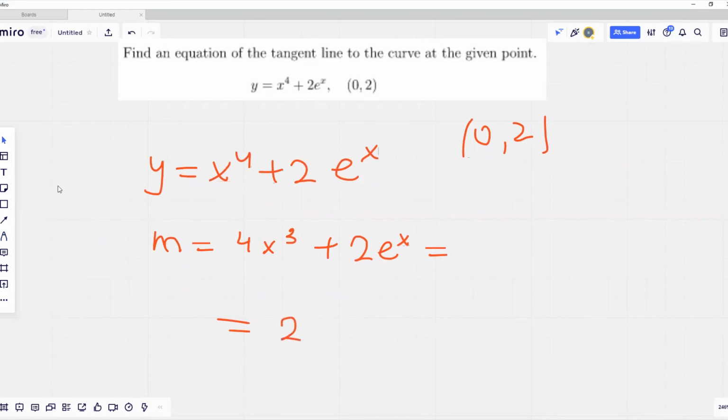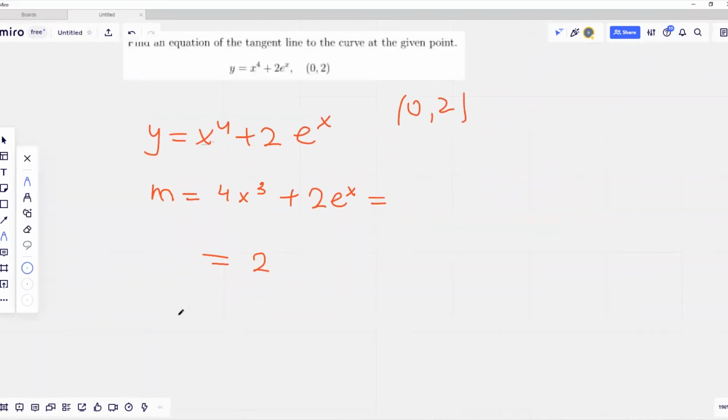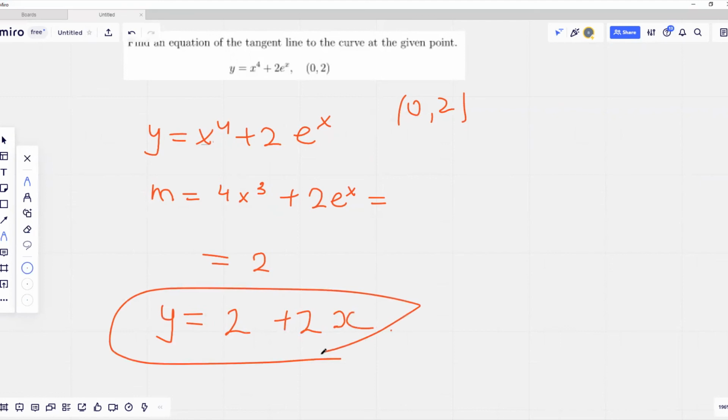The slope of the tangent line is 2. Then the equation of the tangent line is going to be y is equal to f at point x0, which is 2, plus 2 times (x minus x0), x minus 0, or simply x. So here's our equation of the tangent line.